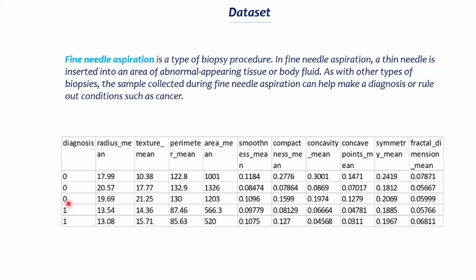This test is called fine needle aspiration. This is the conclusive statement that pathologists take. A pathologist is a person who conducts tests like blood reports and tries to find the diagnosis of a particular patient.